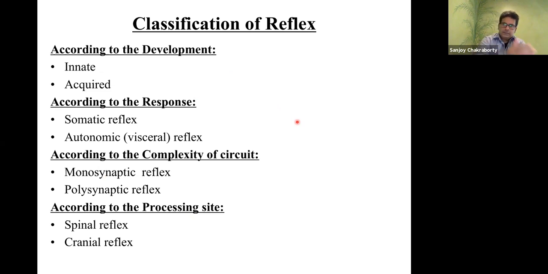We know what a reflex is. It's a fast, involuntary, quick response of the body as soon as there is a change in the environment or a stimulation. Now, according to development, if we are born with some reflexes, we call them innate, or sometimes primitive reflexes. And some are acquired: for the rest of your life you're learning. The easiest example of an innate reflex is the sucking reflex.